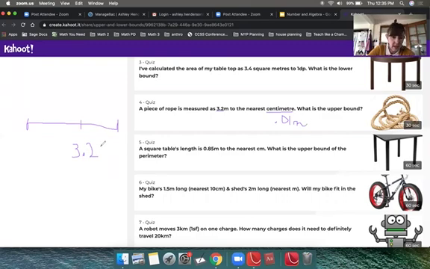So I'm going to add this 0 on here, so this is really 3.20. And 1 centimeter, or 0.01 meters, above that would be 3.21. And this end would be 3.19.